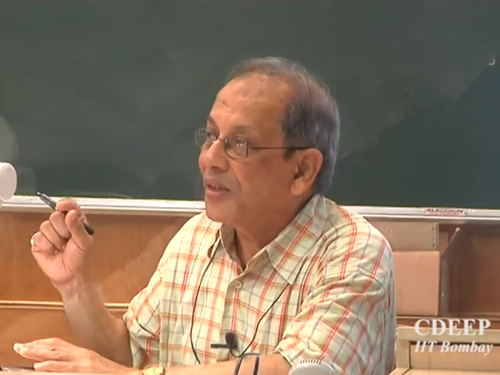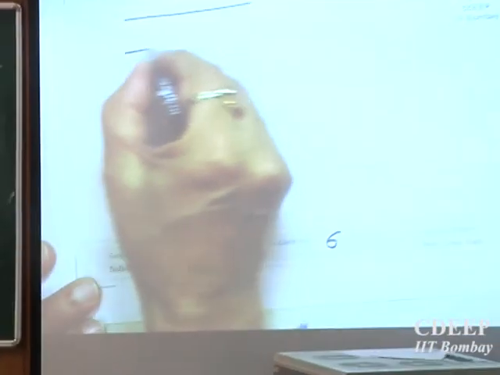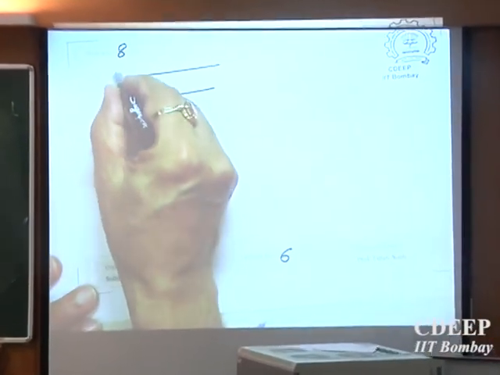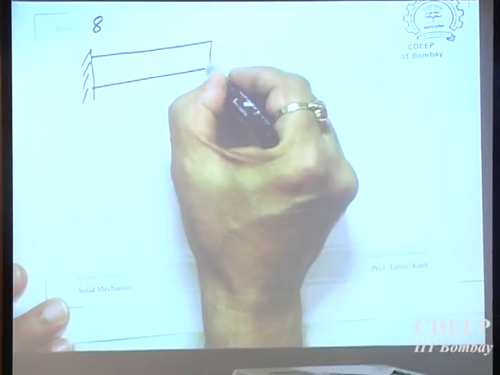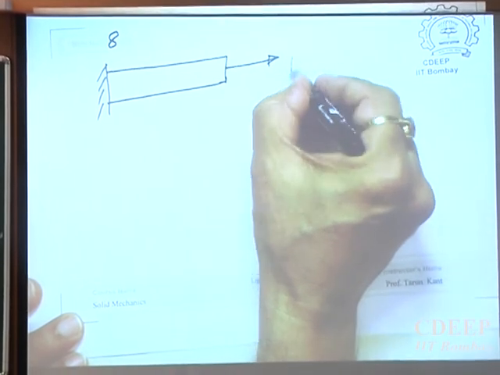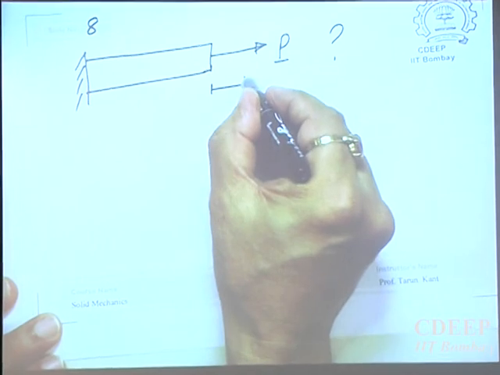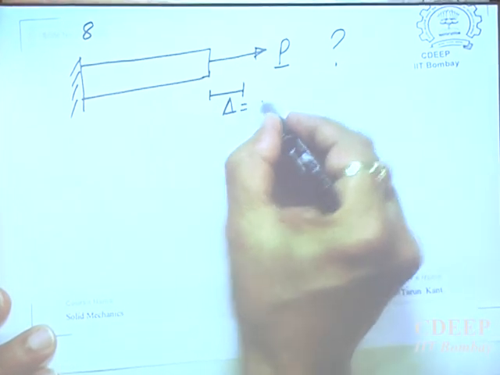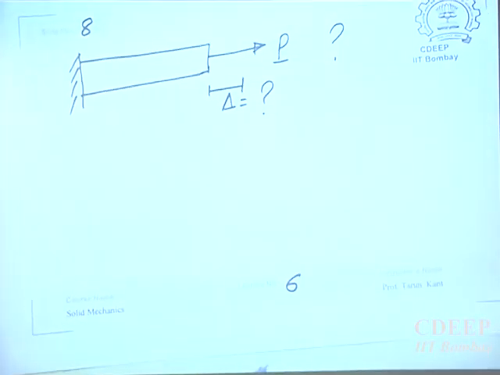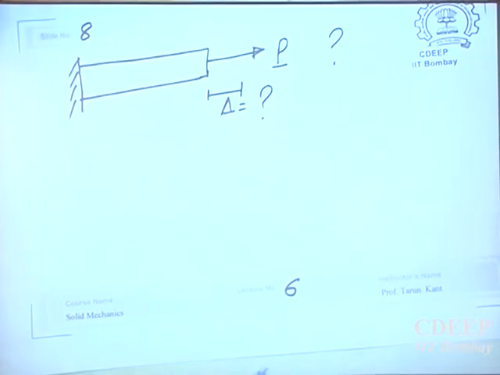And it is very simple. So now I would like that you have the rod, one end fixed, and it is subjected to some force P. What is the displacement? How to do it? So this we will learn.